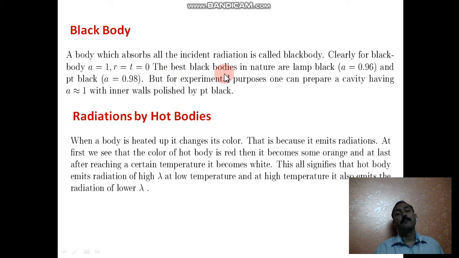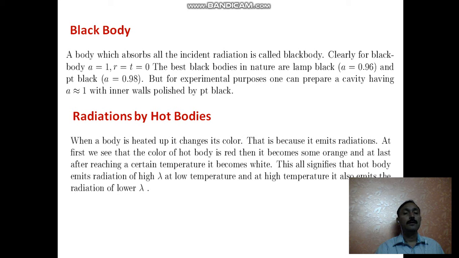The best black bodies in nature are lamp black, whose absorptive power is 0.96, and platinum black, whose absorptive power is 0.98. But for experimental purposes, one can prepare a cavity having absorptive power almost equal to 1, with inner walls polished with platinum black.